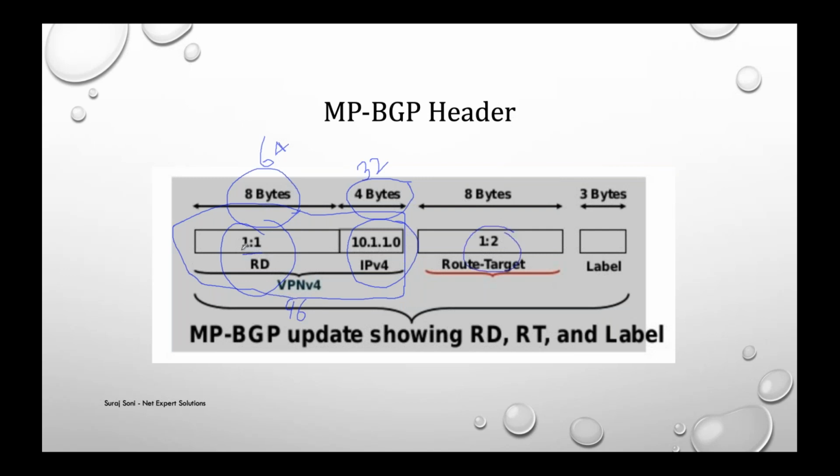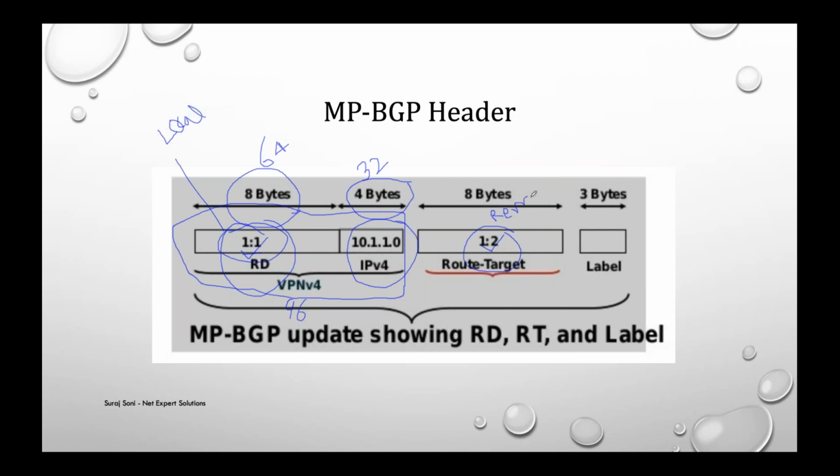So you can see route distinguisher and route target can be different, because the route distinguisher will be used locally. This is local, and this is for the remote side.